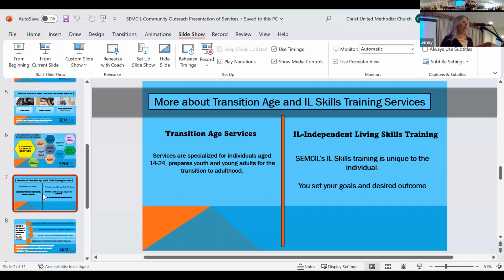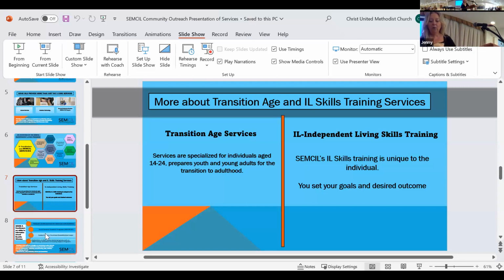And then again, post-secondary navigation and employment as well. Those are some of the popular topics, but we don't have a menu of services within independent living skills. Whatever you come to us with, if it's something that you're struggling with, and there's a barrier for some reason, and you're having a difficult time navigating that, we can help with that.